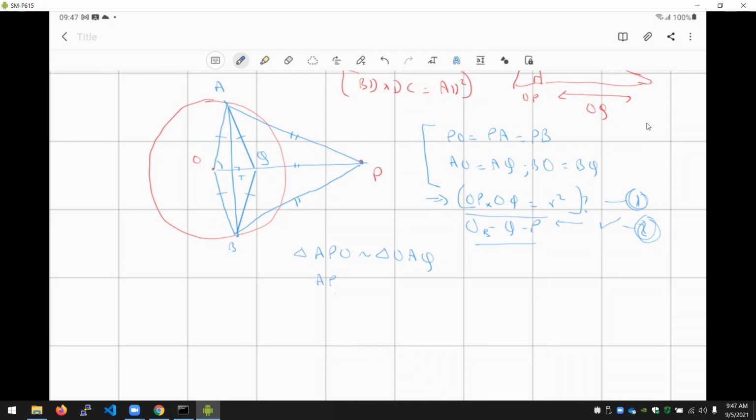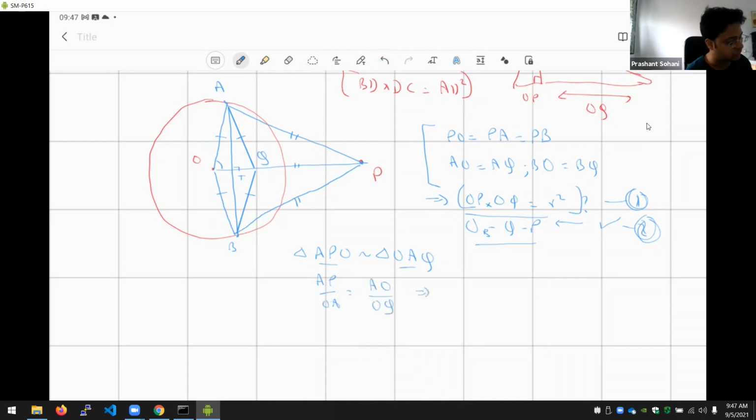Yeah, okay, fine. So AP upon OA equals AO upon OQ. Therefore, yes, correct. No, maybe I should take some different pair. PO upon AQ, yeah, PO upon AQ. Therefore, AP into AQ.